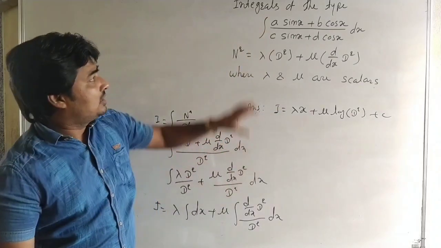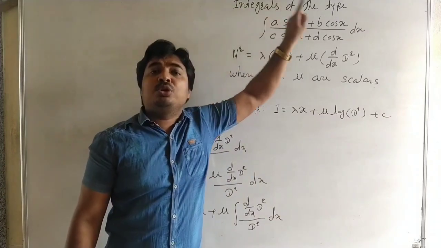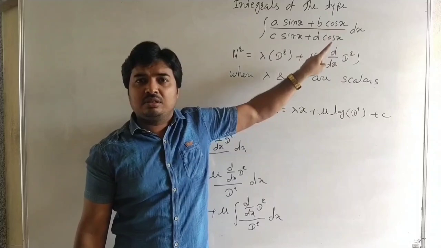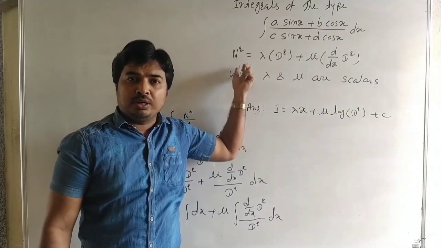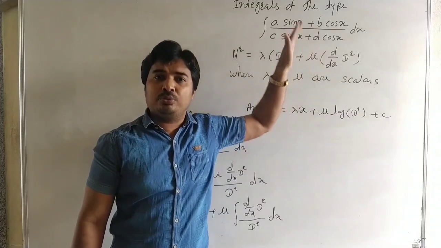See carefully: for the integral of (a sin x plus b cos x) upon (c sin x plus d cos x), the numerator is equal to lambda into denominator plus mu into derivative of denominator.